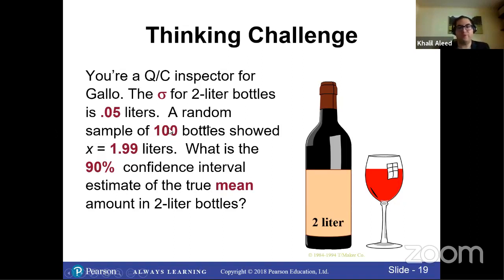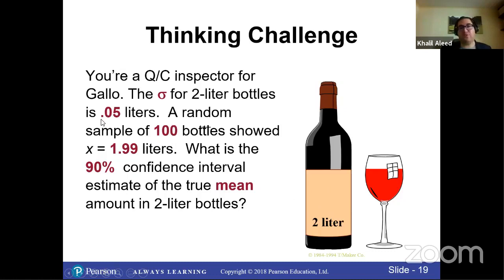We are in a wine factory or a Coca-Cola factory, whatever example you decide, but we are selling some kind of drink, and this drink is supposed to have 2 liters of liquid inside it. We took a sample of 100 bottles to check if we actually have 2 liters in every one of these 100 bottles.